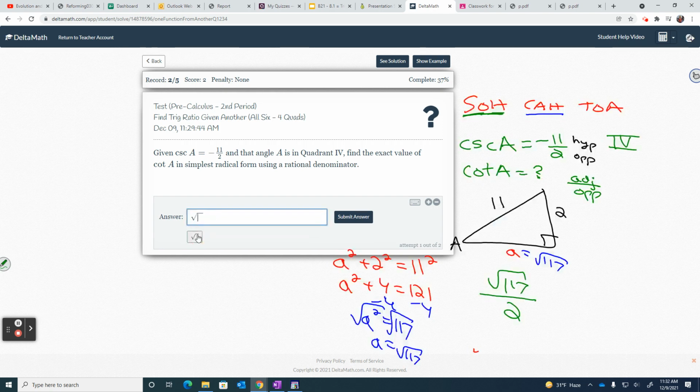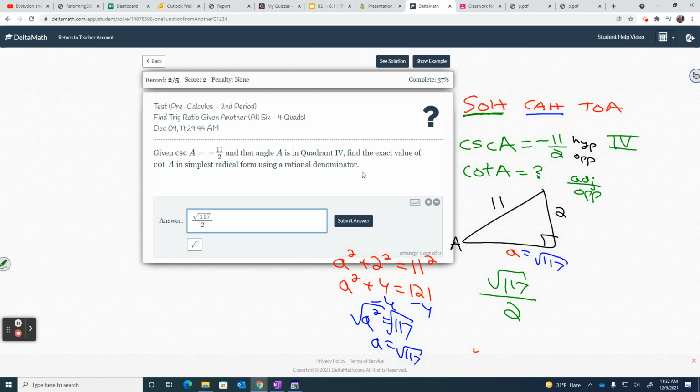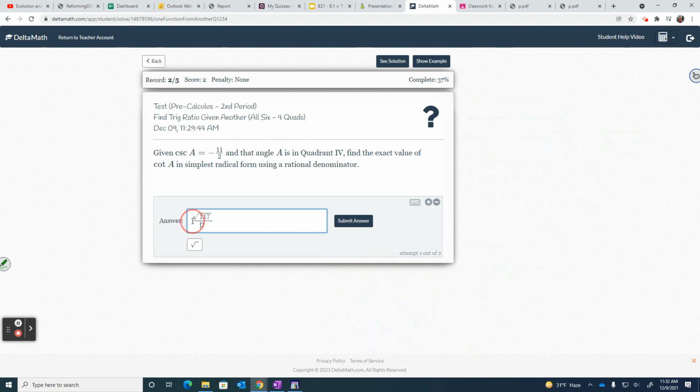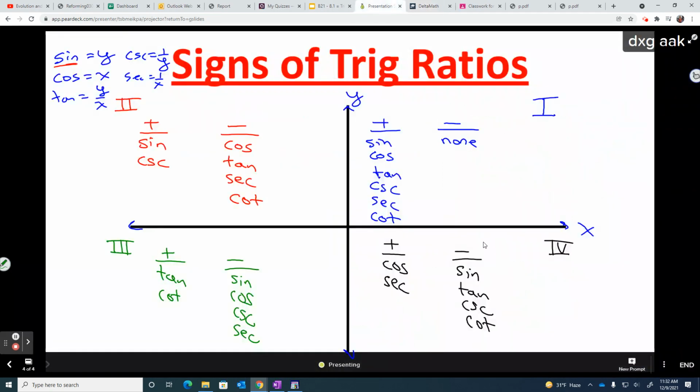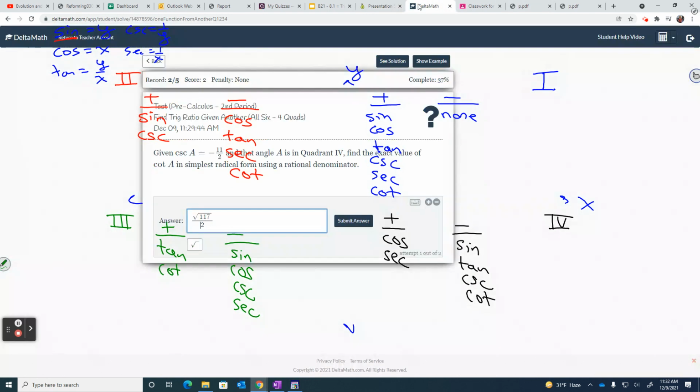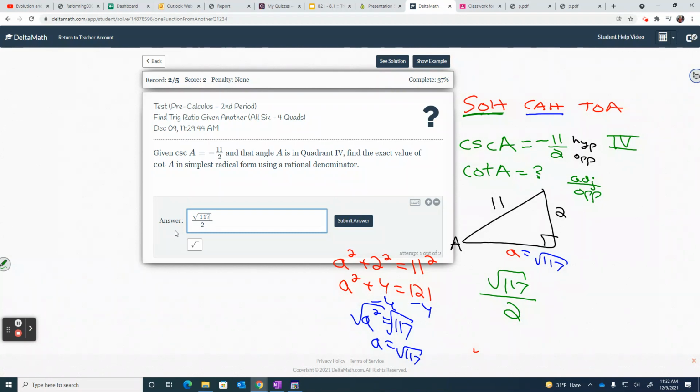So we're going to do the square root of 117 over 12. We also just need to double check the quadrant. Yes, it's quadrant 4. So before you submit it, think about if the cotangent, so you can look at your little chart, cotangent in quadrant 4 is negative. So we do want to put a negative in front of it. And that will be it.